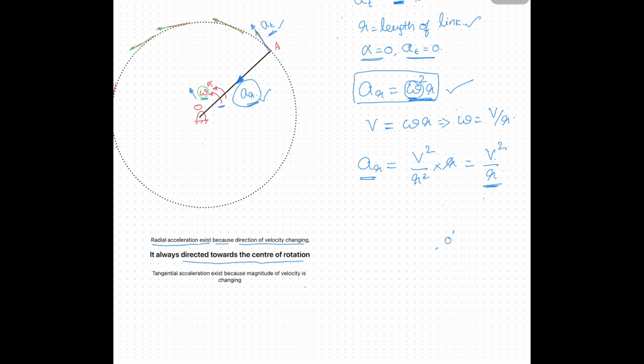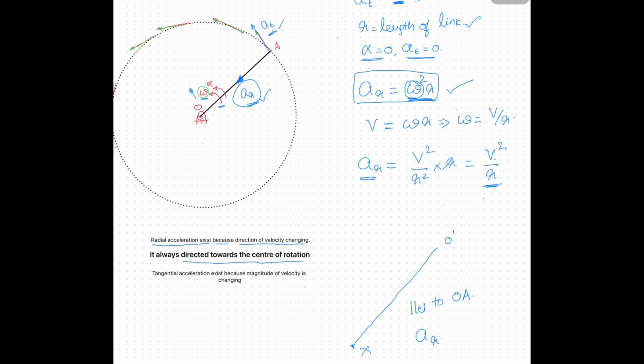Take a suitable scale and draw a line parallel to OA. Again, we know that it is towards the center of rotation. Here the center of rotation is point O, that's why I draw it downside. Let us take the point X. O dash X represents the radial component of acceleration.